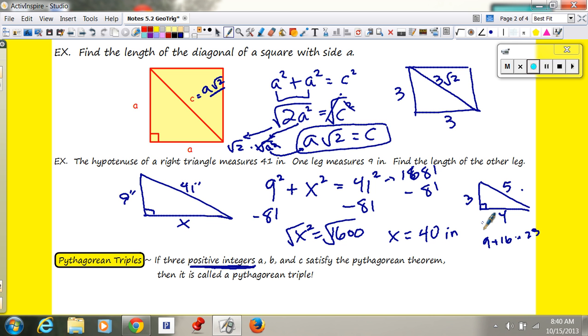Anytime you've got 3 whole numbers that make the Pythagorean theorem work, then you've got what we call a Pythagorean triple. So it's positive integers, not decimals, not radicals, not fractions, just 3 whole numbers, where a squared plus b squared equals c squared. So that's a triple. Not a triple in baseball, just a triple.